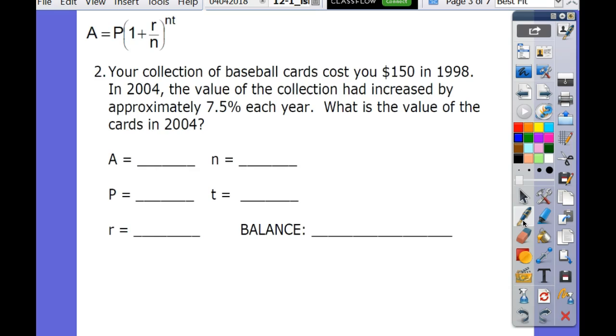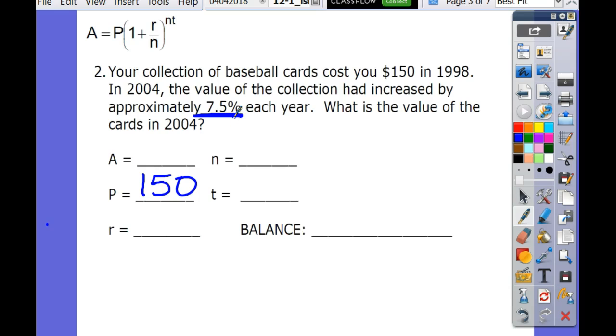So, how much did my baseball cards start out? The 150 is the principal amount. That's how much they started with. Do we have an interest rate?